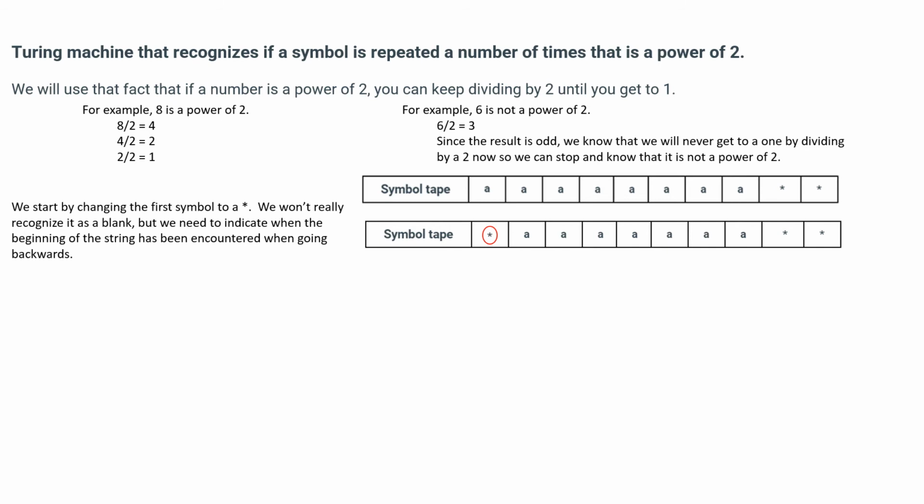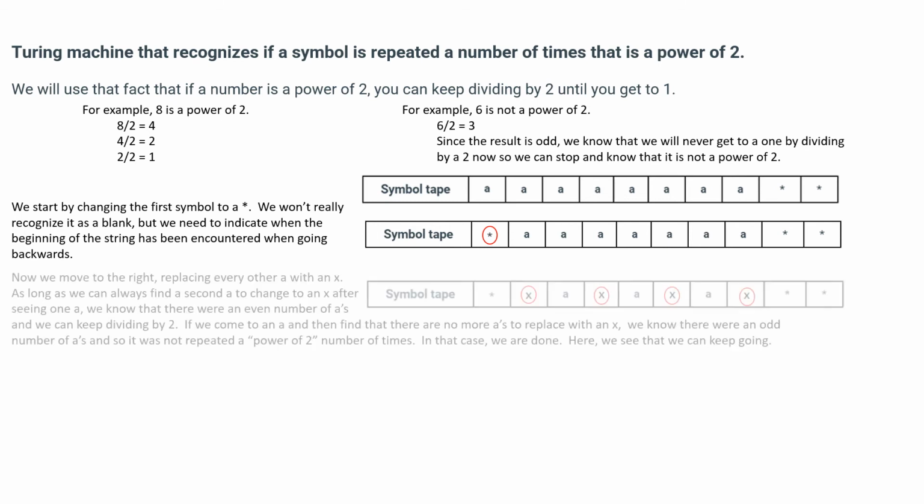If it's moving to the left, we don't want it to keep trying to go left if it's hit that beginning one. But we know that it does not mean that there's really a blank there. We know that it's really an A there.